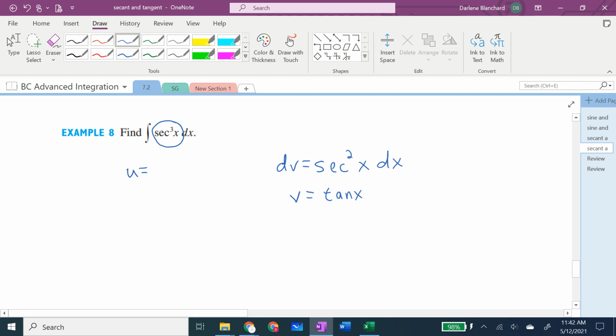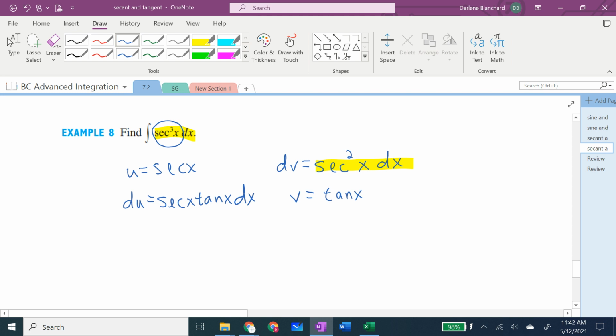And then what does that leave for u? If I've taken secant squared and the dx, I'm missing one secant x. And I'm going to take the derivative of that. And what is the derivative of secant? Secant x times tangent x.